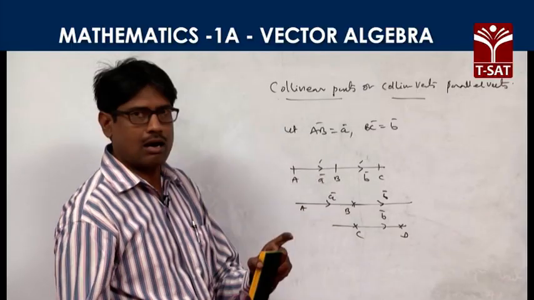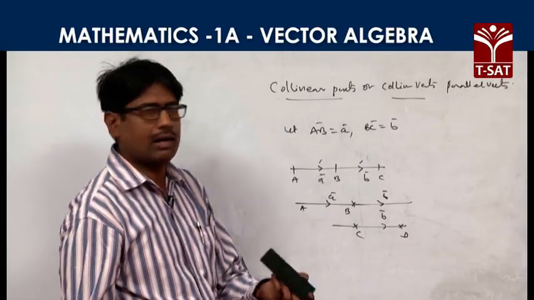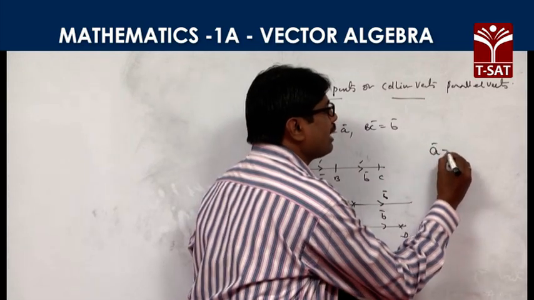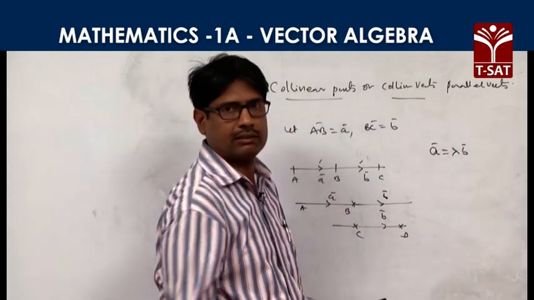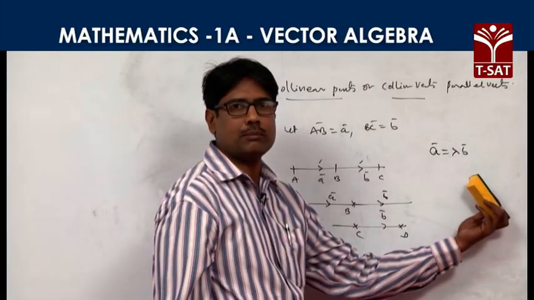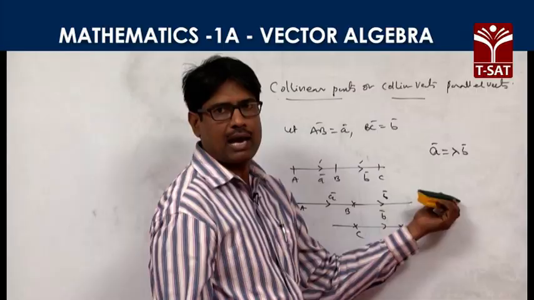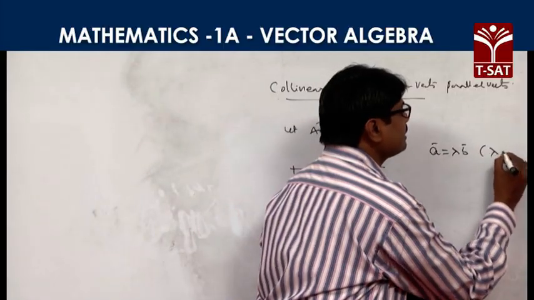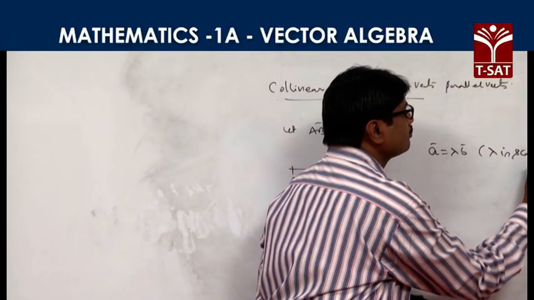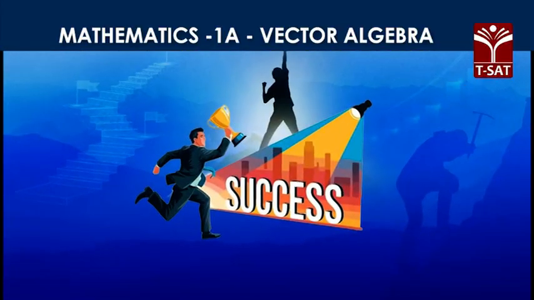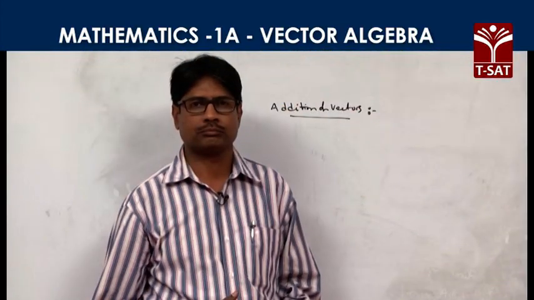If two vectors are collinear or parallel, then one vector can be written as lambda times the other vector, a relation between these two vectors with a scalar. That is the property for parallel vectors, where lambda is a non-zero scalar.